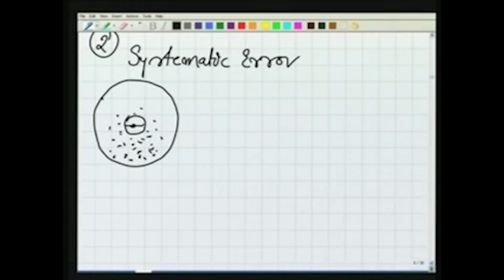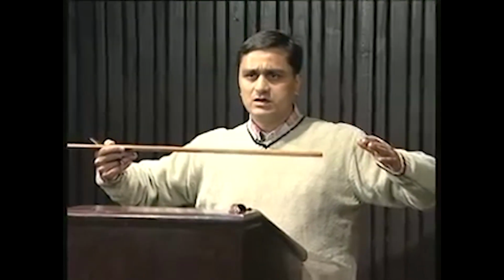Similarly, for example, let's say we are measuring with this scale, and we know this scale was made at a temperature of 27 degrees Celsius, while the temperature now is 41 degrees Celsius while I am using it. So obviously this scale has some expansion in its length. So what is happening?